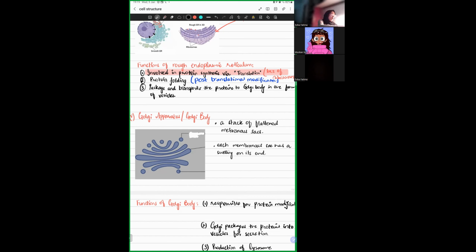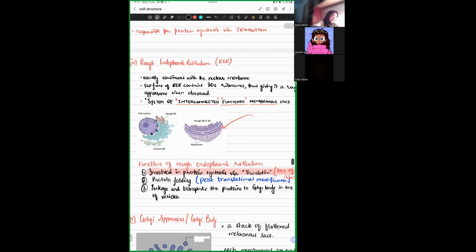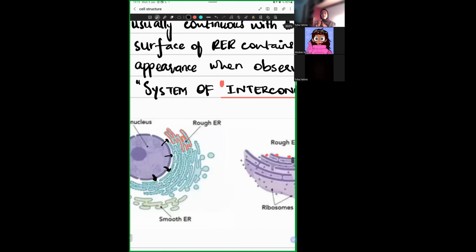Now we outlined over here how all these membranes are connected to one another. They are not discontinuous, they are not separated from one another. All these membranes, all these layers, which are called cisternae, these membranous sacs, are interconnected.